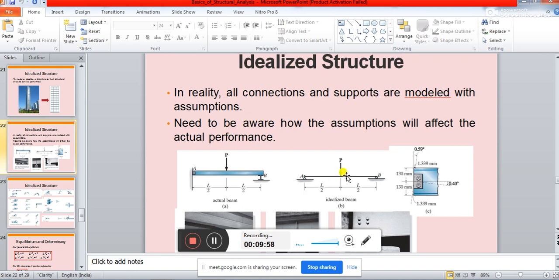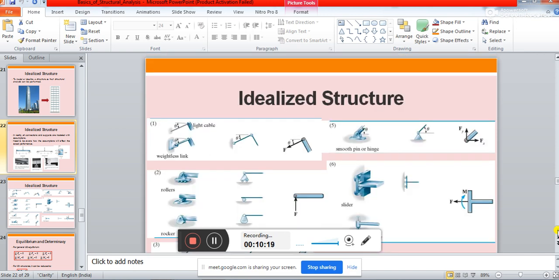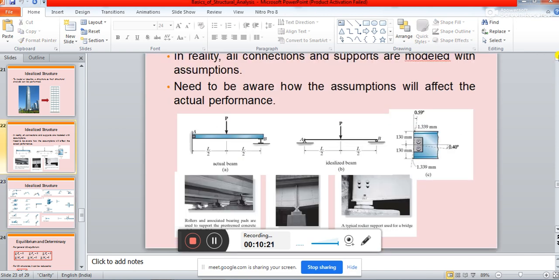See this beam, this structure, you have analyzed it or not? Yes, sir. It is a simply supported beam, but where is it coming from? It is an idealization of some real structure basically. So, what is idealization of a real structure? If I go a little down, see this bridge structure, have you noticed it?